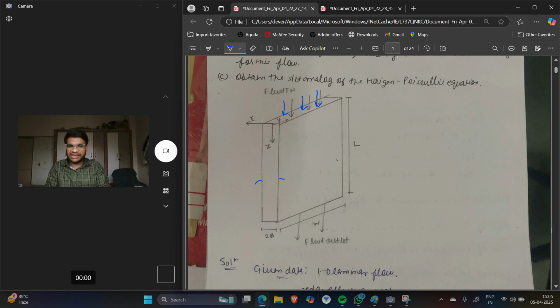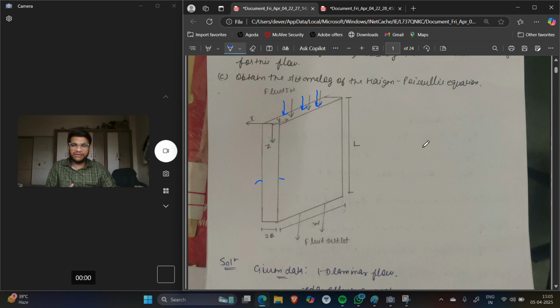W is the width of the slit and L is the length. And this is how I have selected my coordinate system. Which coordinate system have I selected? Cartesian coordinate system. Okay, because it is in the form of a rectangle, and my problem can be easily solved using the Cartesian coordinate system. Okay, so this is my problem.